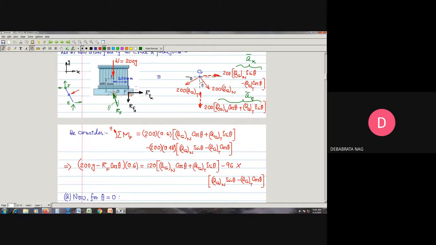Since our objective is to find this reaction force, these two forces are my unwanted unknowns.